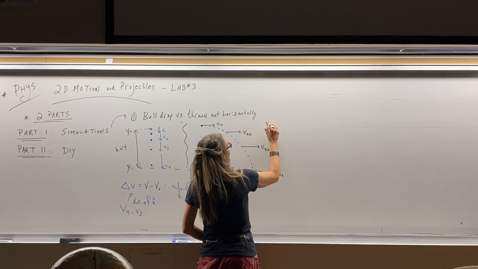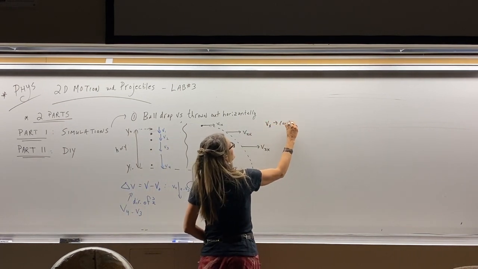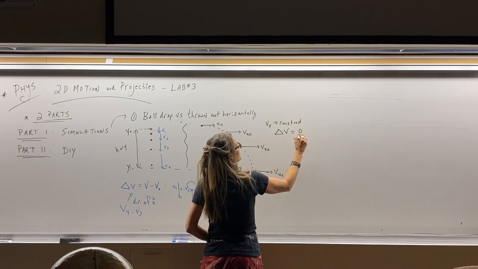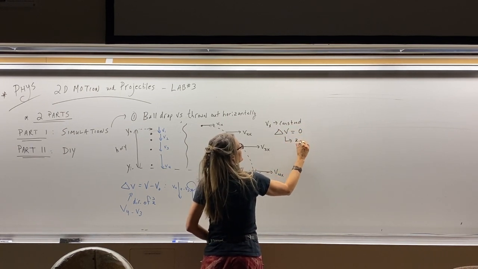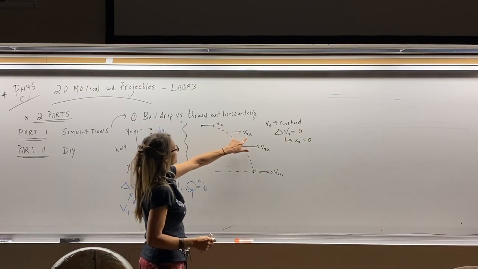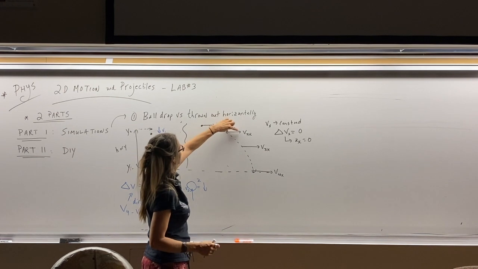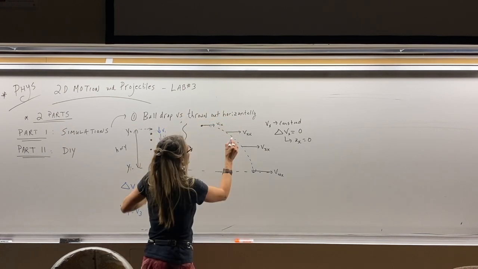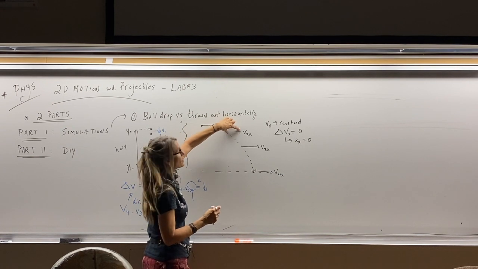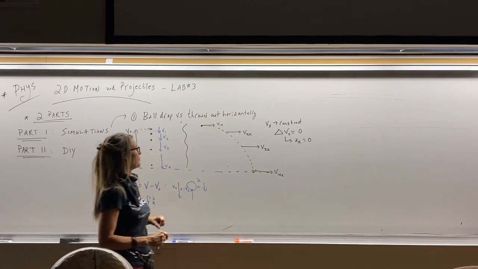So Vx is constant. What we know is delta V in this case equals 0, which is why Ax equals 0. If I were to say V2x minus V1x, I would take this vector and subtract this other vector. They'd be the same size but in opposite direction, they would cancel out.